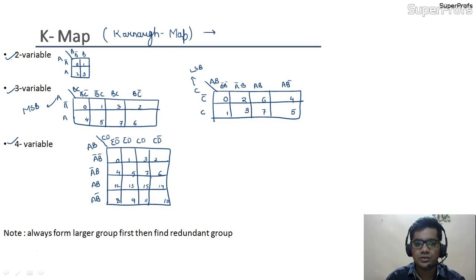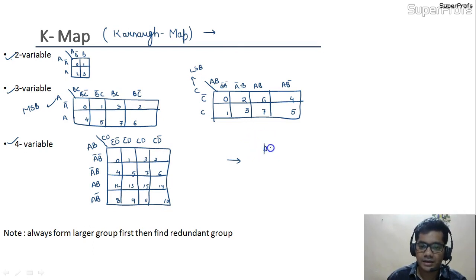What is the method to solve the Kmap? If we are given a SOP form or the sum of product terms, then we put the 1 in these cells for all the minterms, and we try to construct groups so that the output can be simplified. So if we are going for a 4 variable Kmap, what are the possibilities of forming the group?